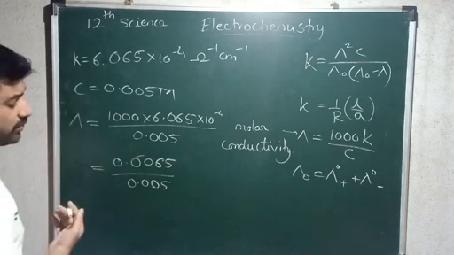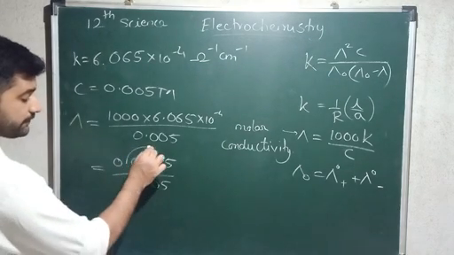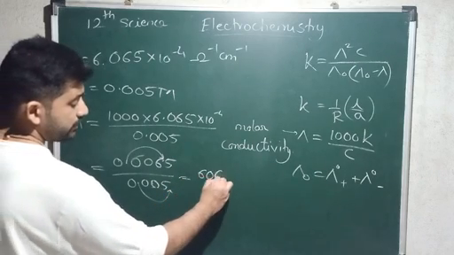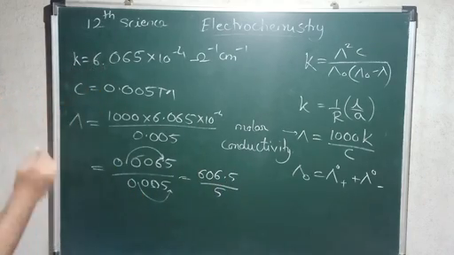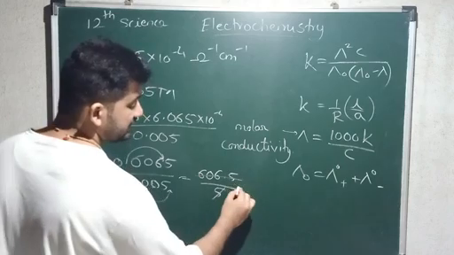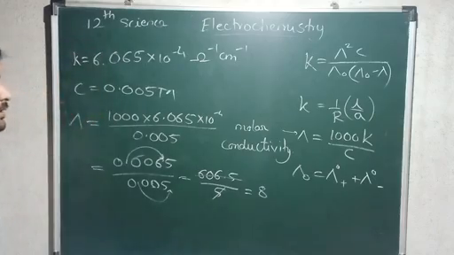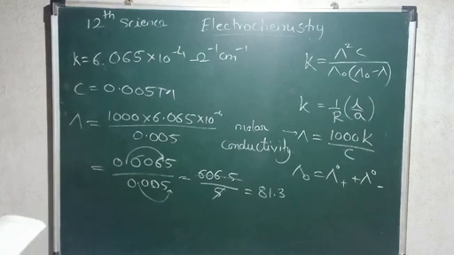We are not going to need a log table over here. We can shift the points to get 606.5 divided by 5.